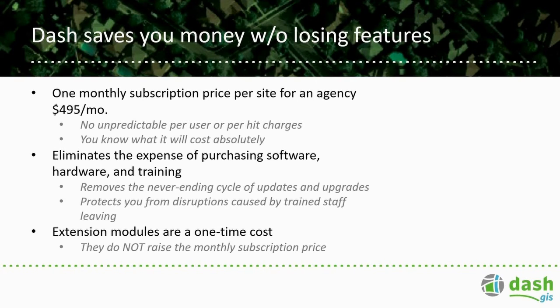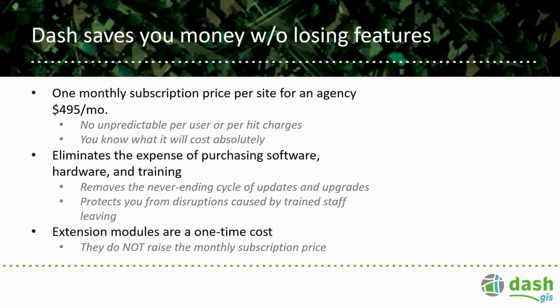Dash saves you money without losing any features. It's a single $4.95 a month subscription. You can start and stop when you want, and you know exactly what it's going to cost, which helps with budgeting. It eliminates the need for expensive hardware and software and training because it's hosted on a redundantly backed up system that is quite cutting edge.